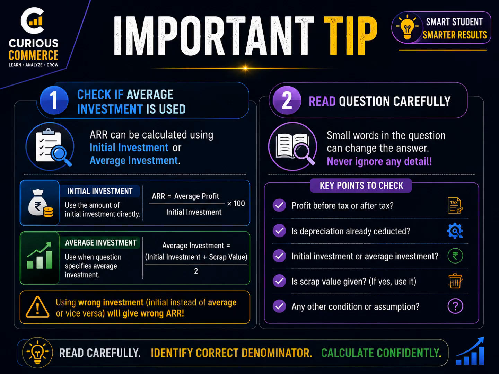The second tip is read questions carefully. Sometimes students hurriedly and directly apply the formula, but finance numericals require careful reading. Even small mistakes can reduce marks. So follow step by step method slowly and carefully.